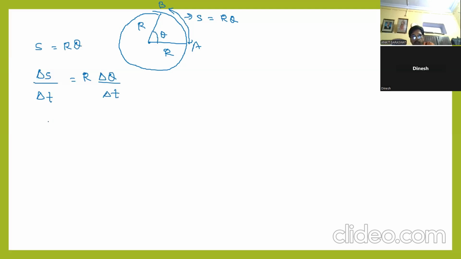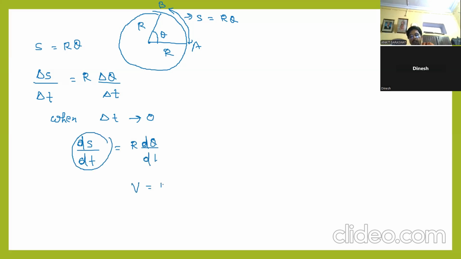Yes, sir. If delta T is tending to 0, very, very small, then this delta S also becomes dS, r d theta by dt. Then this is known as velocity. This is omega.